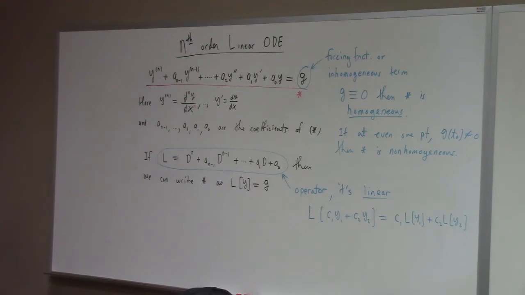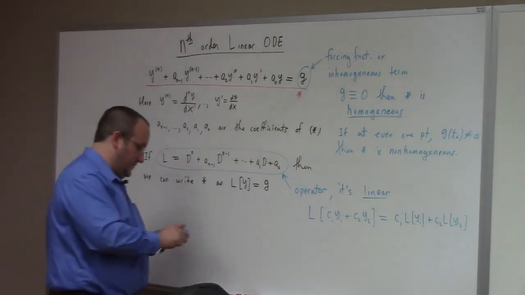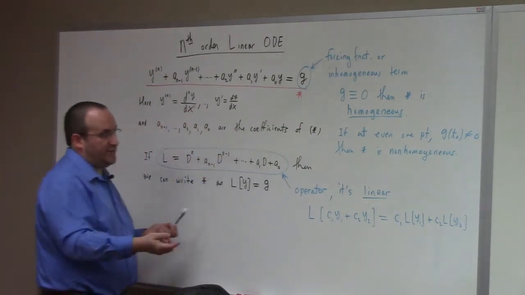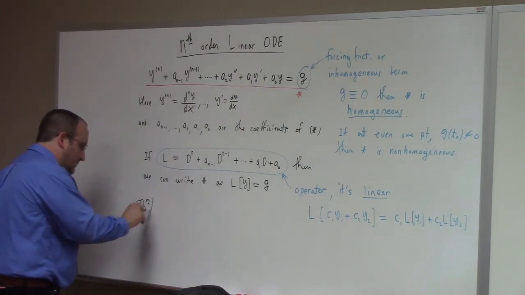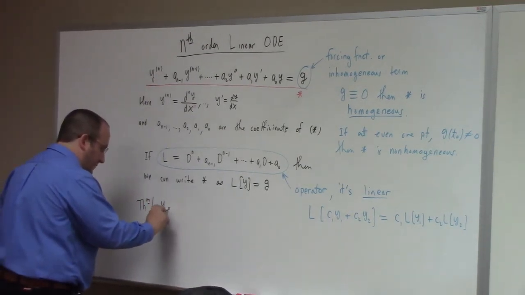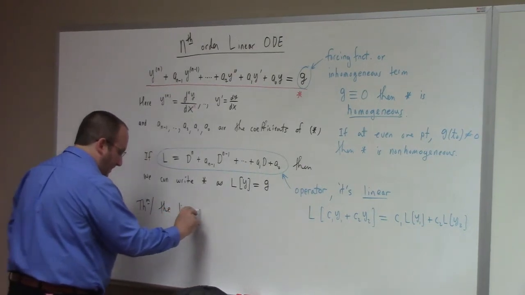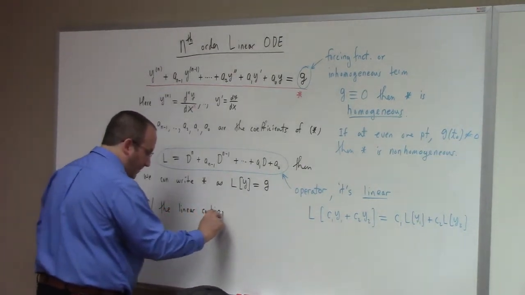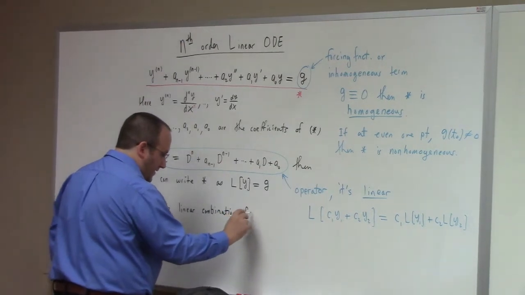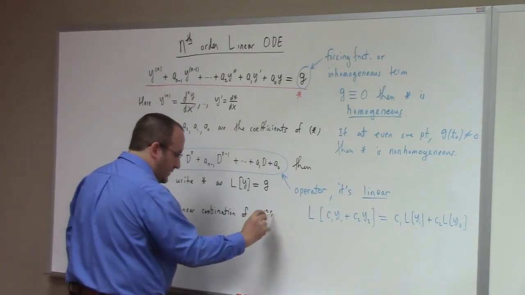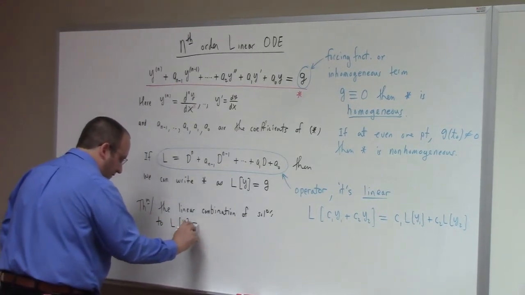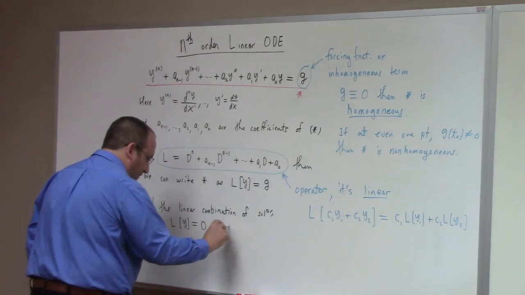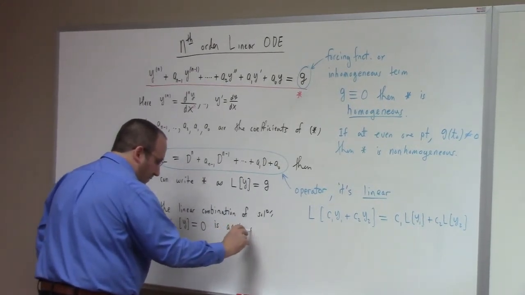This is really, really nice because it gives us a simple theorem, right? One of the fundamental theorems that I can point out even at this stage, little theorem: a linear combination of solutions to L of y equals 0 is, again, a solution.